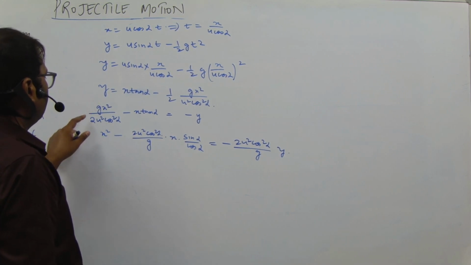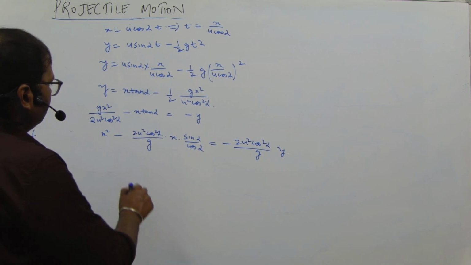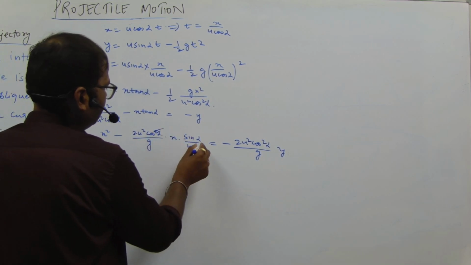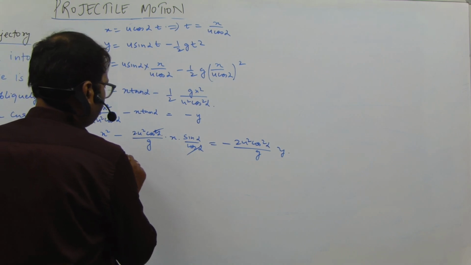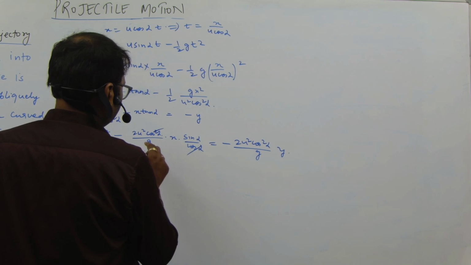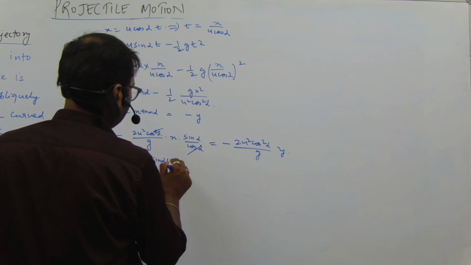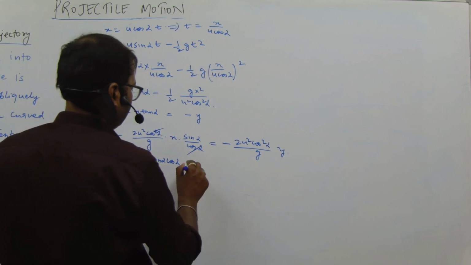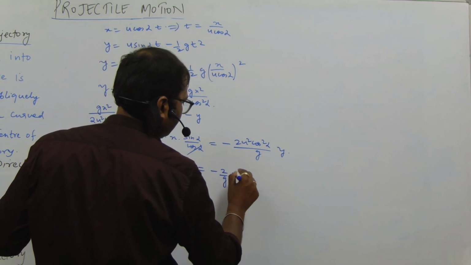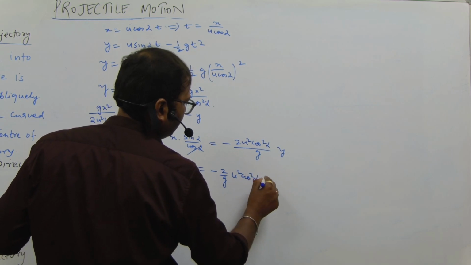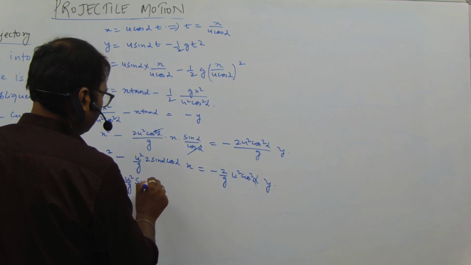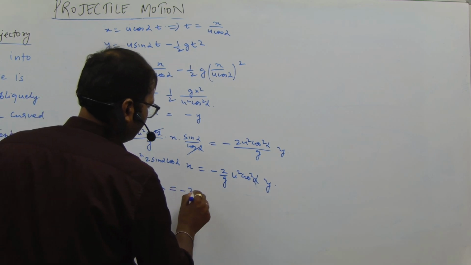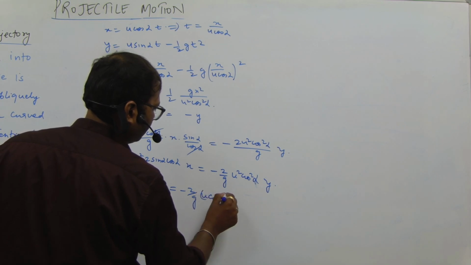So we have x² − (u²/g) sin 2α · x = −(2/g)(u cos α)² · y.